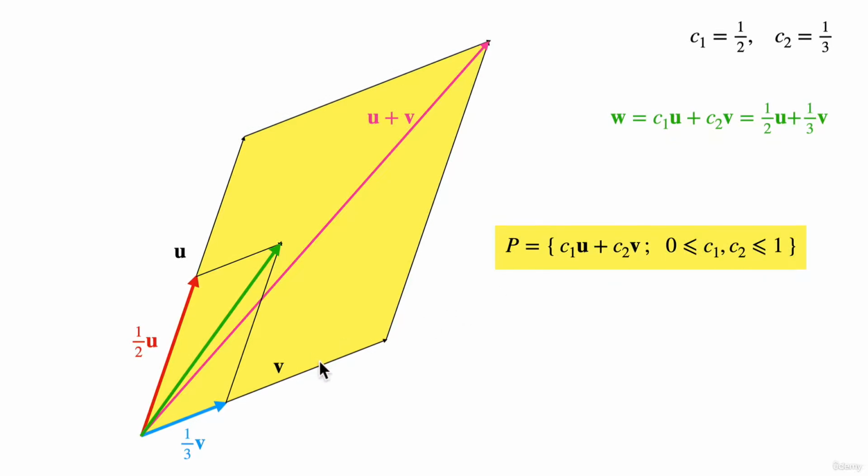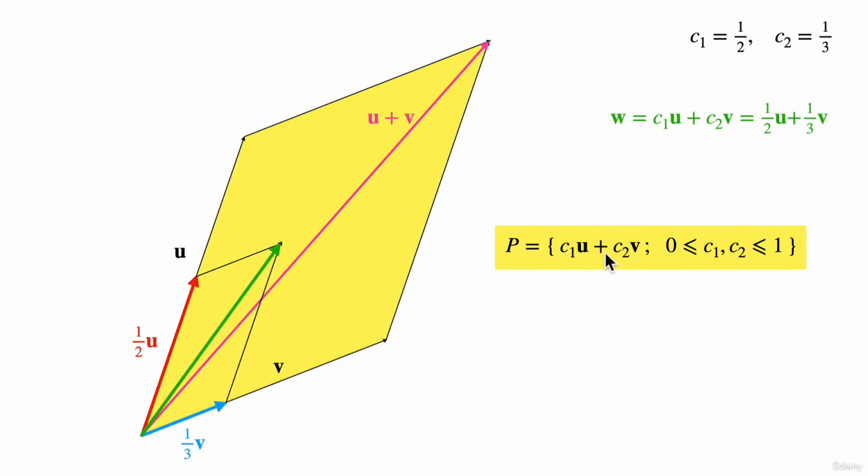Because if they are larger than 0, we get all the vectors which look in the same direction as vectors u and v, and when the coefficients are less than 1, the vectors will be shorter.